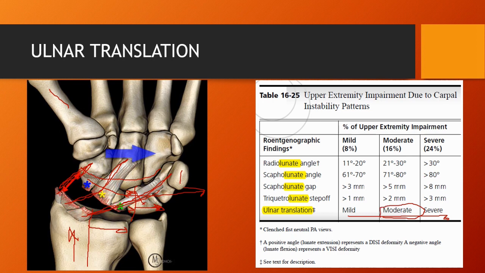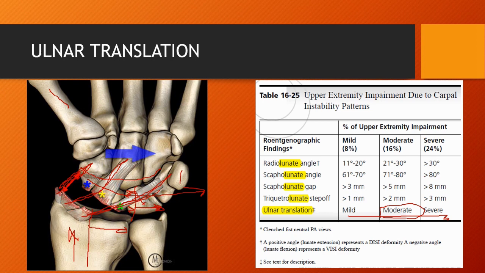So this is a measurement finding that you take on the neutral P to A stress radiograph, which is not one of the routine views that imaging facilities order for assessment of the wrist, because imaging facilities don't routinely assess for carpal instability and or ulnar translation.